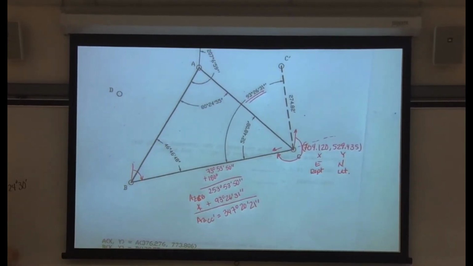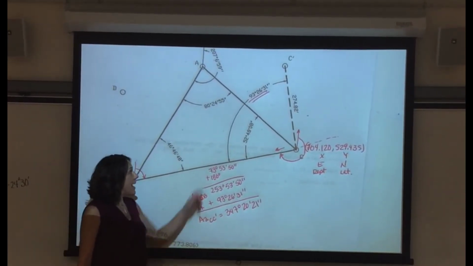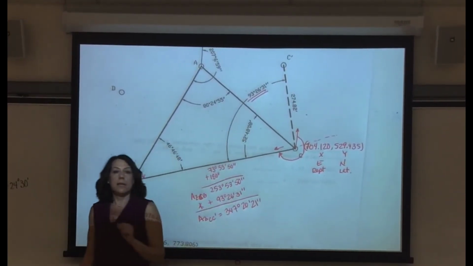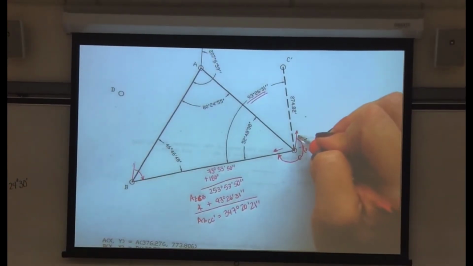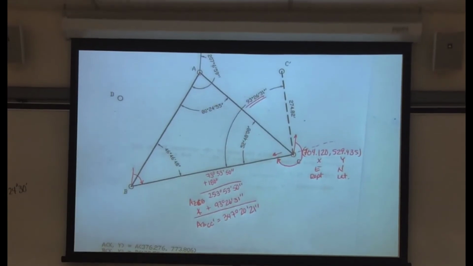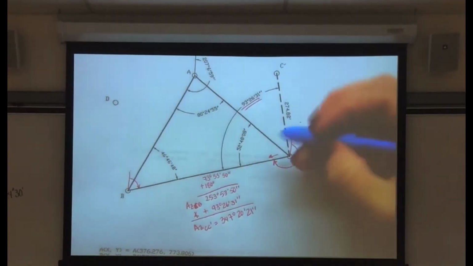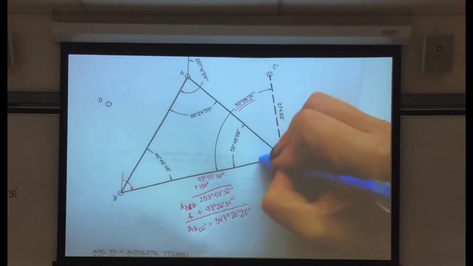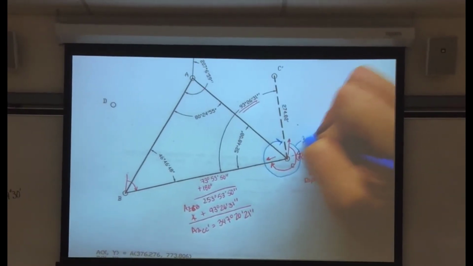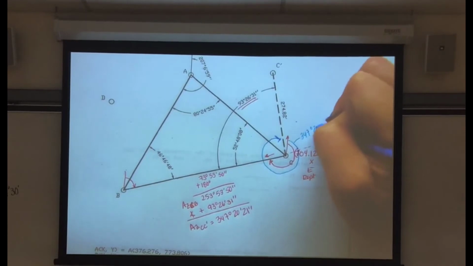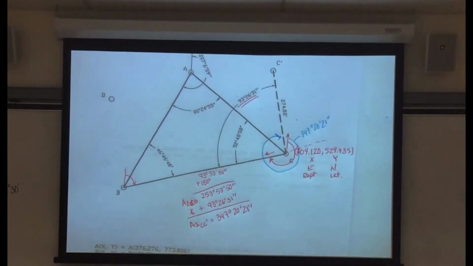All I did was add my back azimuth and then my angle. That's the azimuth of this line, if I drew it from here all the way to here: 347 degrees, 20 minutes, 21 seconds.